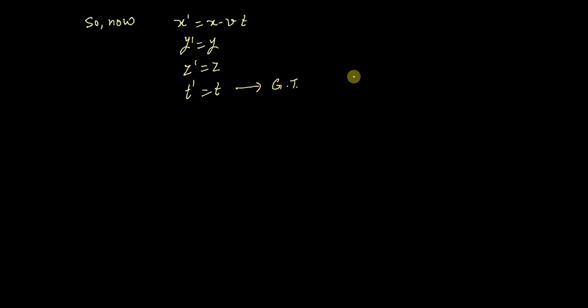So now we have the relationship: x prime is equal to x minus vt, y prime is equal to y, z prime is equal to z, and t prime is equal to t. In Galilean transformation there is no change in time. They assume that time is absolute.